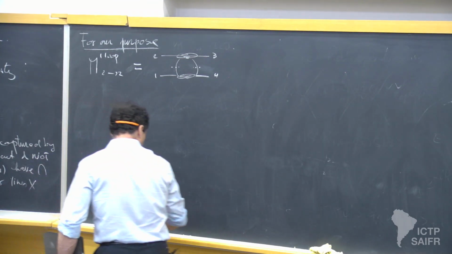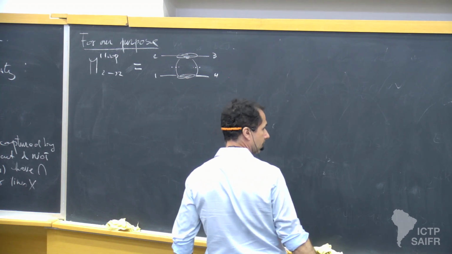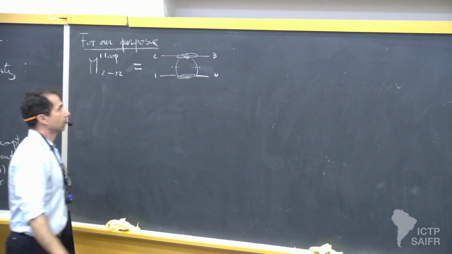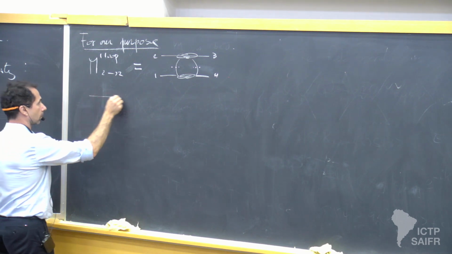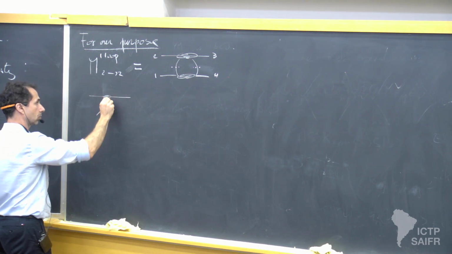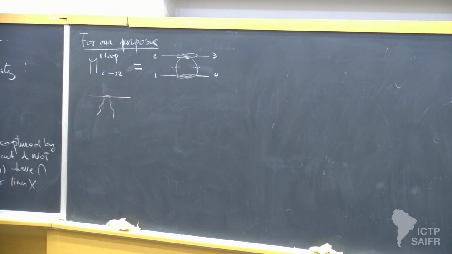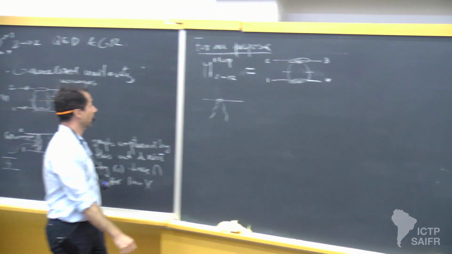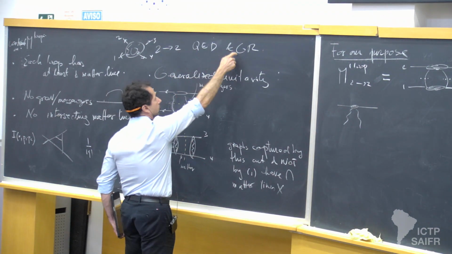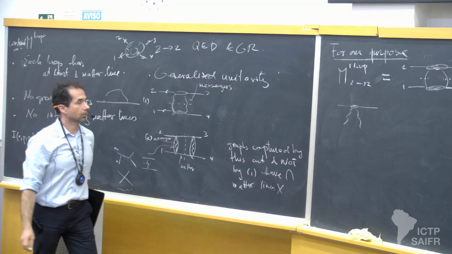All right. To construct this, clearly we need 2 copies of the Compton amplitude, either in QED or in GR.